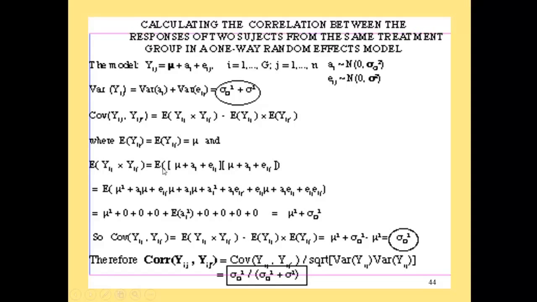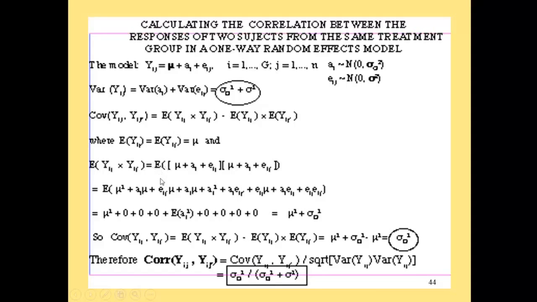So in order to get that, we're simply going to plug in yij and yij prime into this expected value equation in terms of mu, ai, and eij. Okay, so we're going to take this equation right here, all right? And we're just going to plug it in right down here to get the expected value of this product.